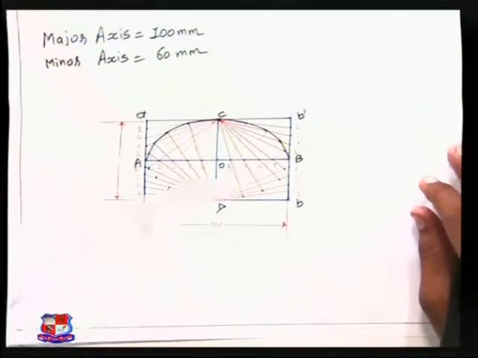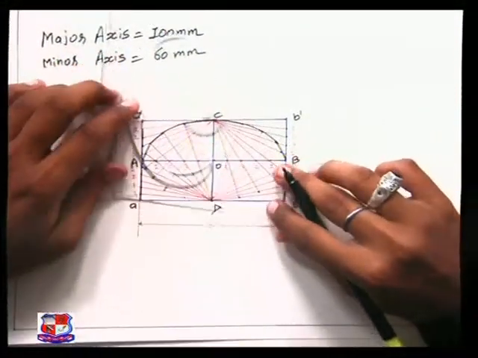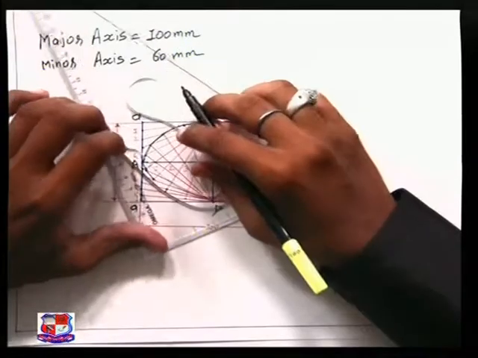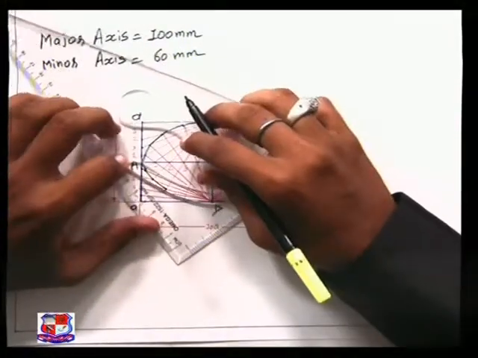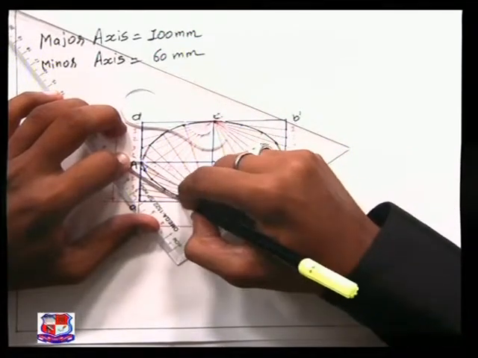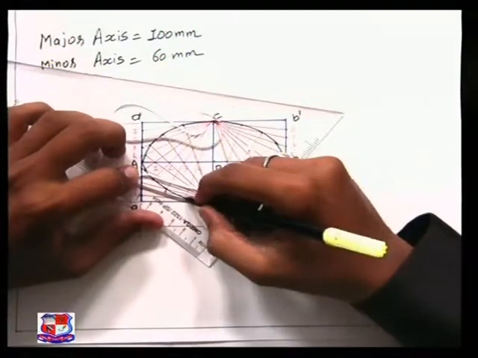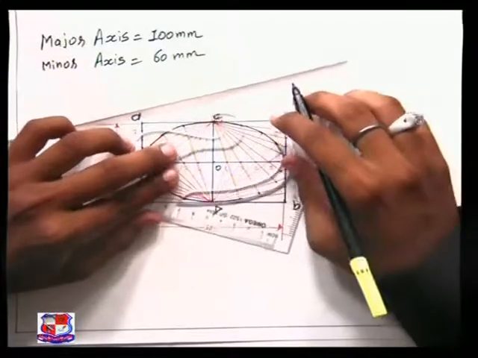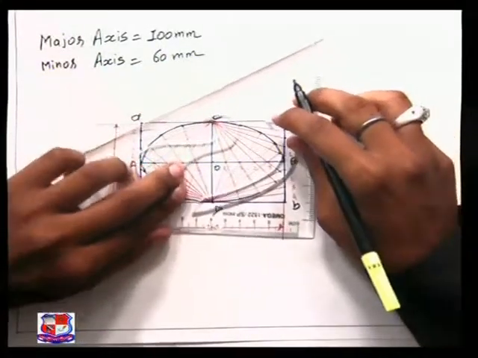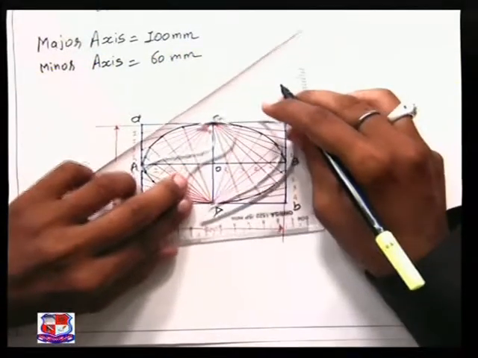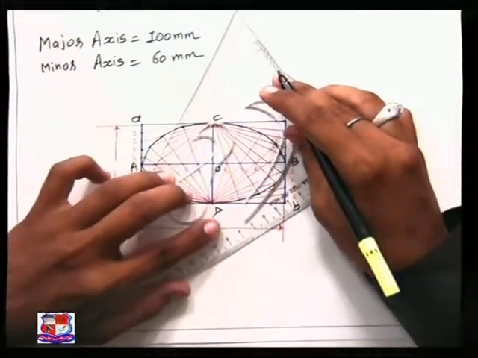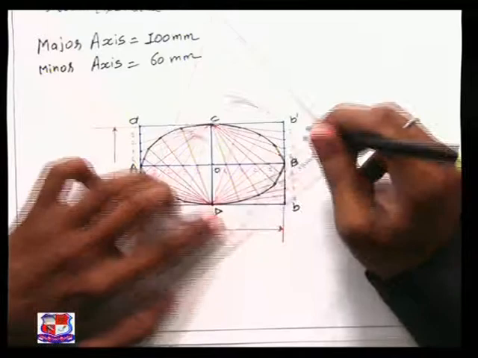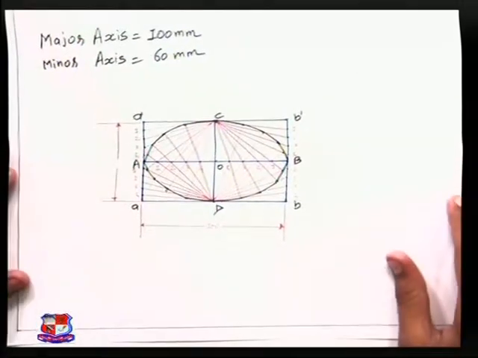Join these points with the use of French curves again. Make sure that you are using the French curve very properly, or else you may make cloud formation. So our ellipse is ready.